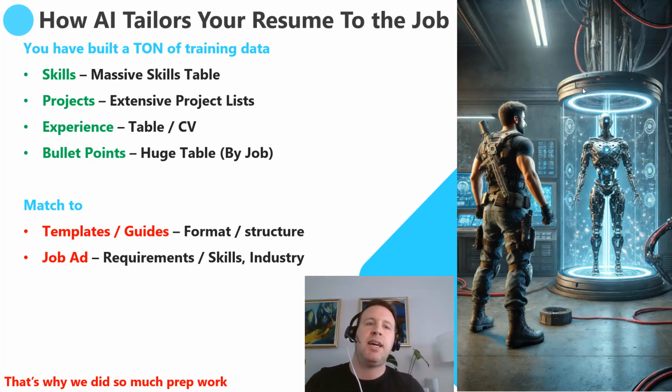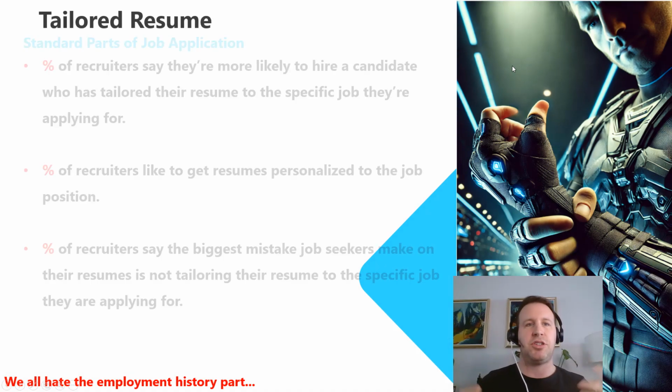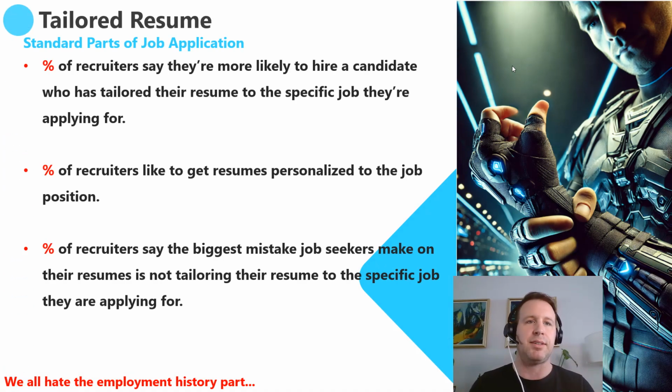It's also potentially tailoring the projects that are expected from that job description, the experience that you must have, and individual bullet points in terms of what you've done in your past history. This is why we're training it off of our own data. And ultimately, this is why we're using existing templates and prompts and the job ad to blend everything together into something that really works, as opposed to just using the same boilerplate templates.